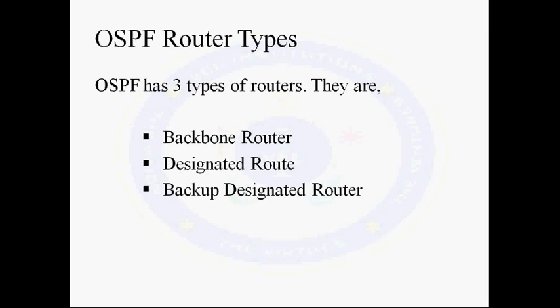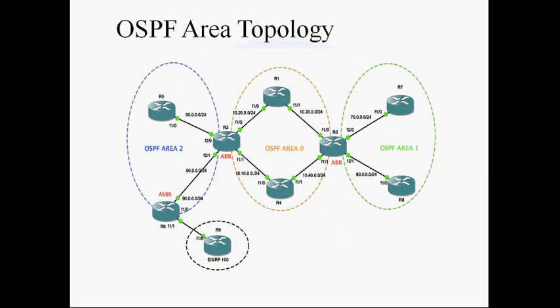This is a sample OSPF area topology. Here OSPF area 0 is the backbone area, because all the other areas are combined by using area 0. In this diagram, R2, router 2, acts as an area border router because it combines both area 0 and area 2.